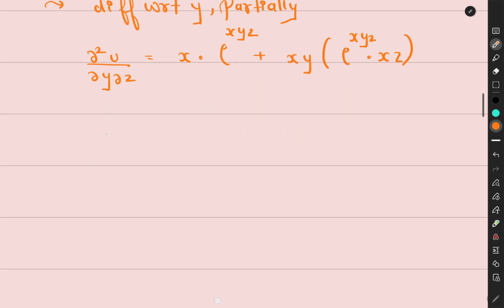Easy. So simplifying, x into e raised to xyz plus x squared yz.